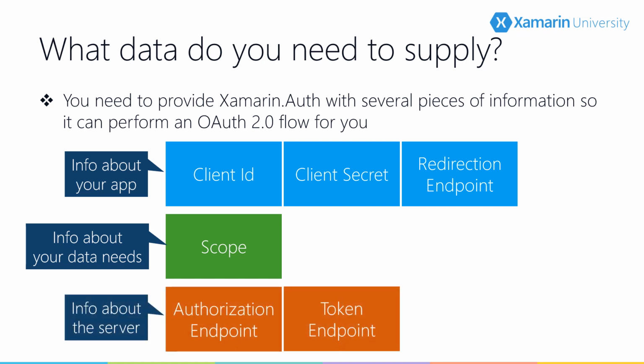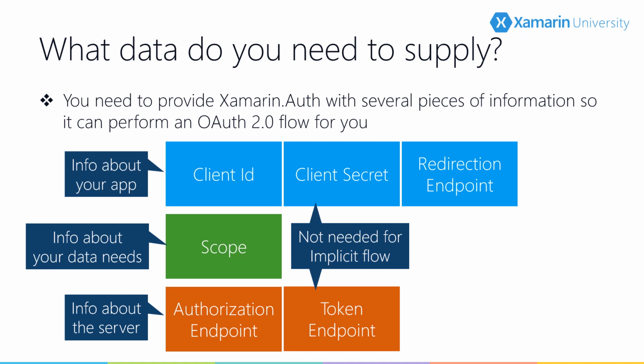And we need to tell Xamarin.Auth where it needs to connect in order to authorize and authenticate. This includes the authorization endpoint and the token endpoint. Now remember, if you're using the implicit flow, you will not need to include the client secret or the token endpoint. And the Xamarin.Auth APIs have been designed for both scenarios.